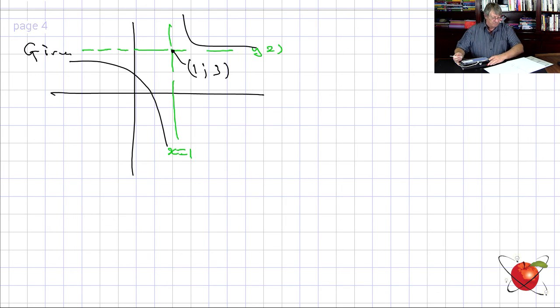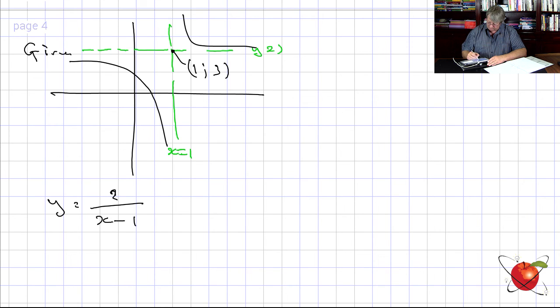They say this graph is y is equal to 2 over x minus 1 plus 3. Okay?